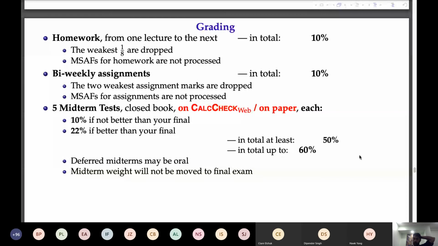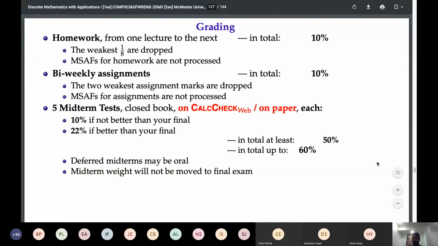So, okay. If you miss an exam, your machine stopped working and you couldn't do the CalcCheck midterm, you lost internet connectivity, you're sick, other aspects of life have not allowed you to do the midterm, then we might just do the midterm orally.